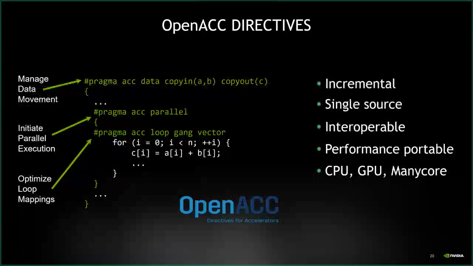If you think about programming in ISO C++ or in ISO Fortran, and noticing that there's a performance problem related to memory movement, one of the ways you can remain performance portable and take explicit control over your memory is to interoperably drop in some OpenACC directives to control where your data is while still programming primarily in the standard C++ or Fortran. And then we have initiating the parallel execution as well as optimizing loop mappings here. So I think it's a very easy to understand model for doing accelerated computing with directives.